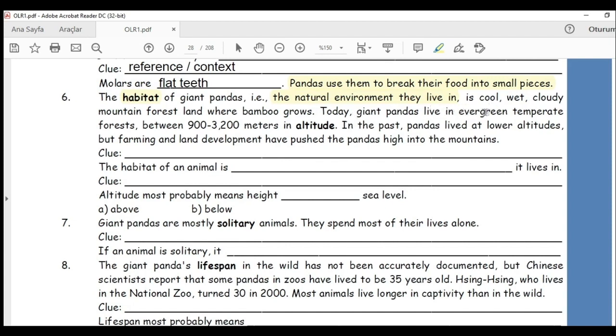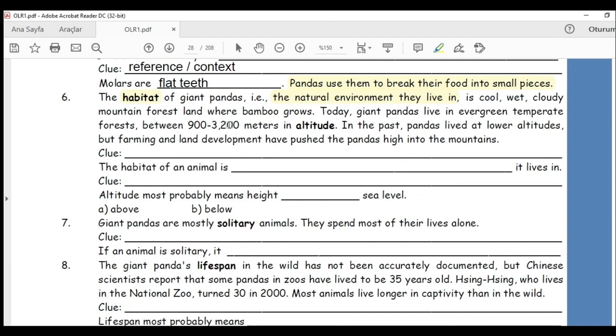Today, giant pandas live in evergreen temperate forests between 900 and 3200 meters in altitude. In the past, pandas lived at lower altitudes, but farming and land development have pushed the pandas high into the mountains. Now, take a look at this.